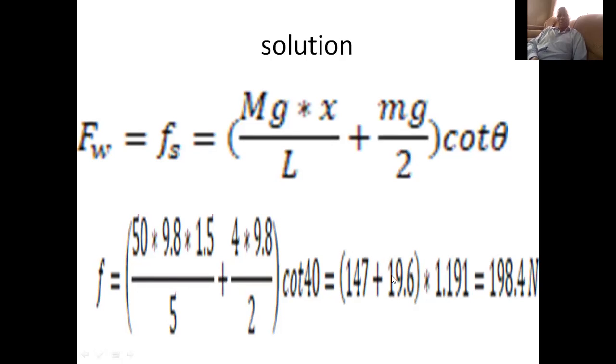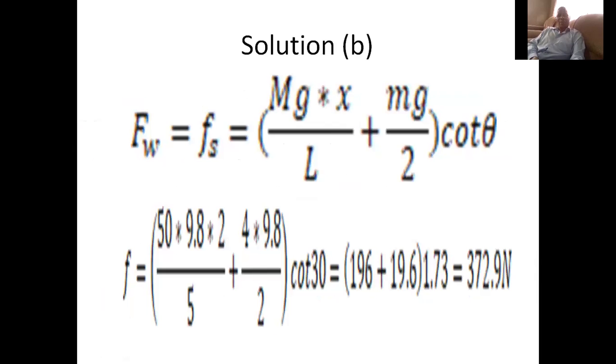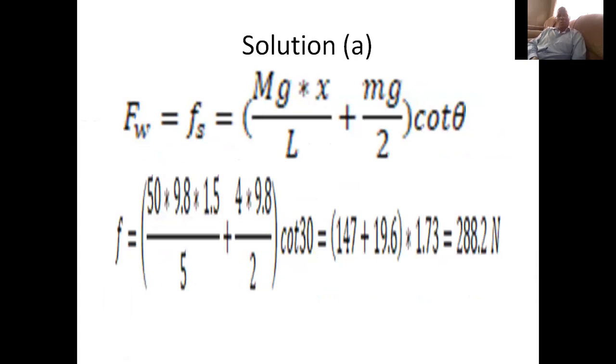And if we calculate the friction here, it becomes 198.4 newtons, which is lower than when we had used the angle of 30 degrees.